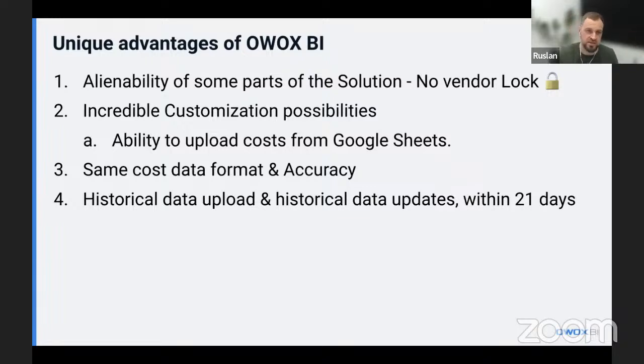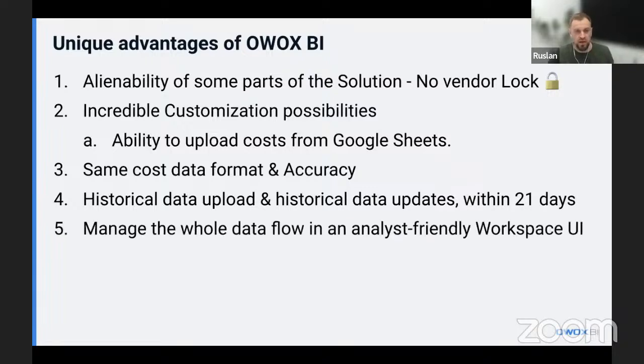I mentioned data refreshing before. And the icing on the cake, manage the whole data flow in the analytics-friendly workspace, which I have shown you before. With OWOX BI, you can control all this data processing and transformation in one convenient web interface.